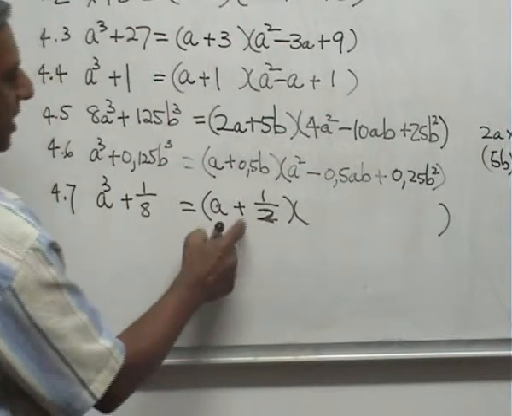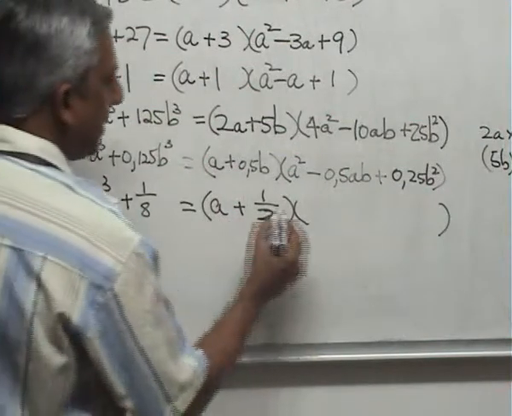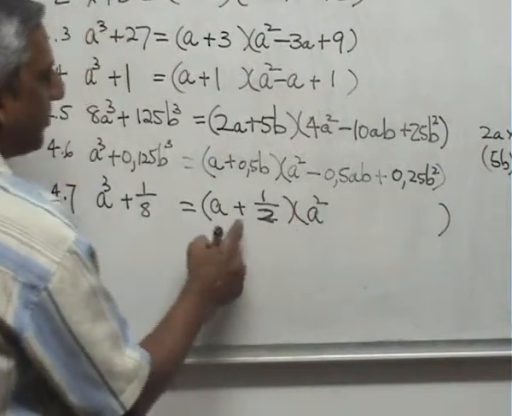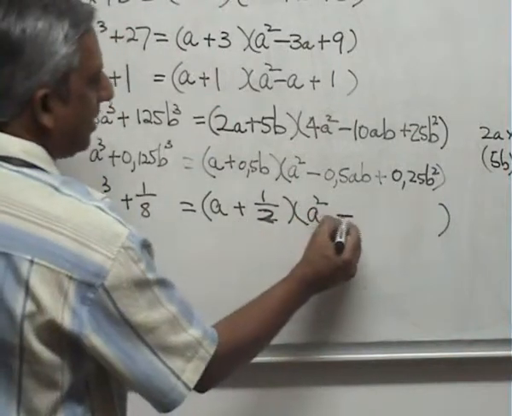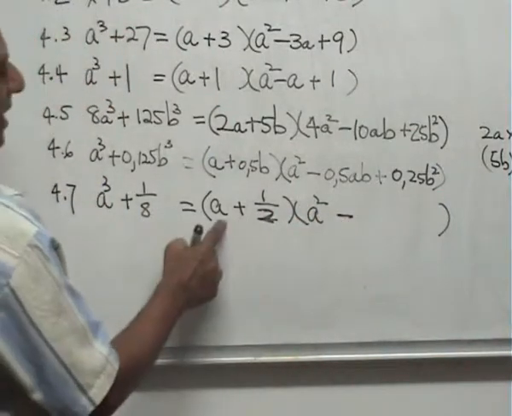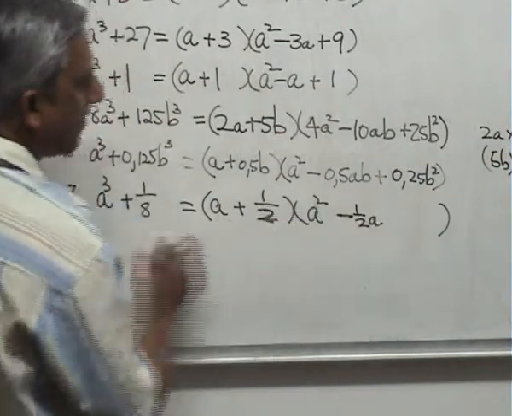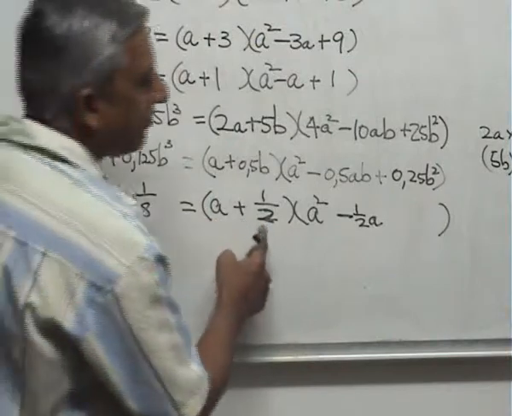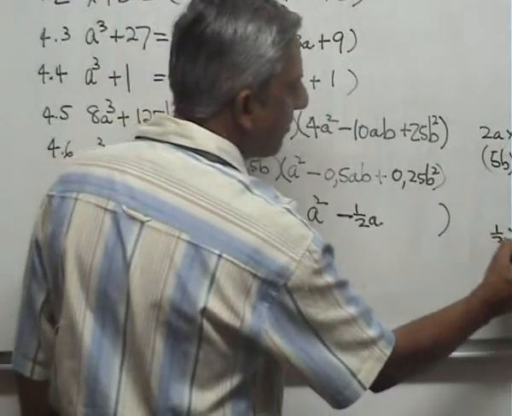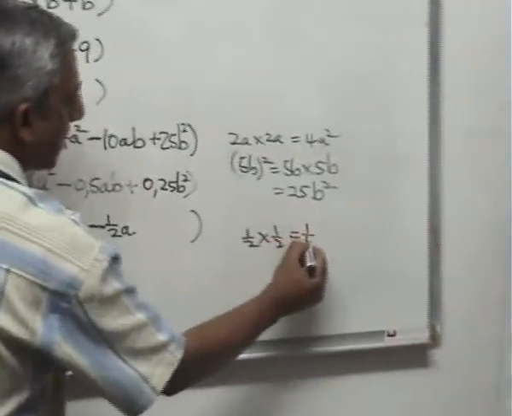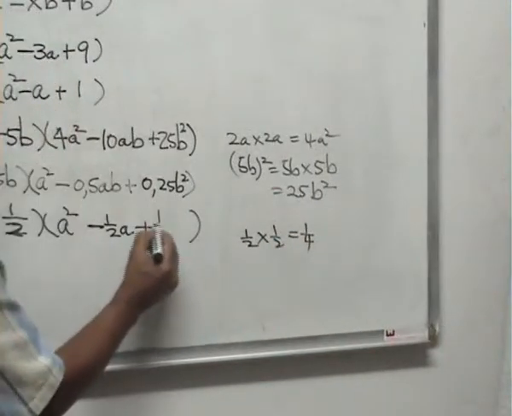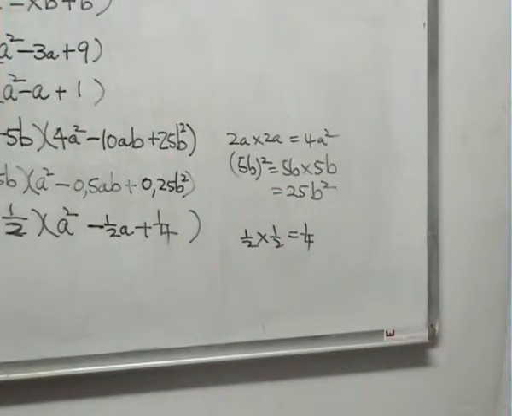So we can get the answer with a calculator. Then square the a squared. If this is plus, that will be minus. A times half is half a. And then square the half. Square the half means half times half, which is quarter, plus quarter.